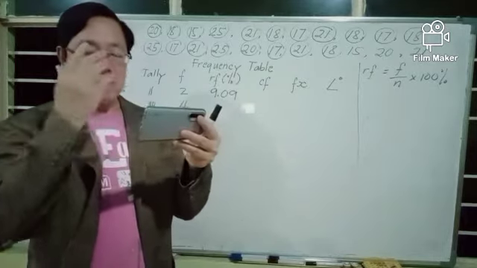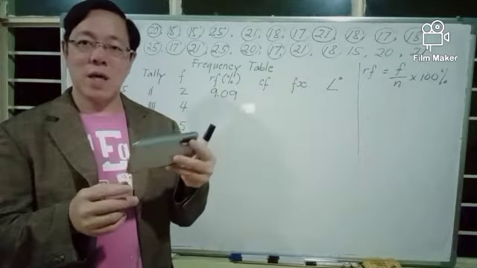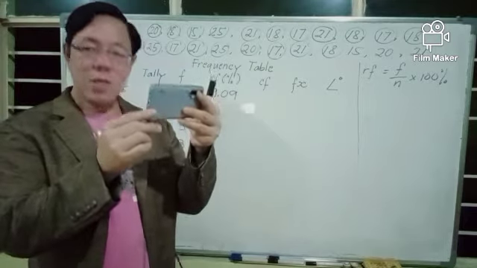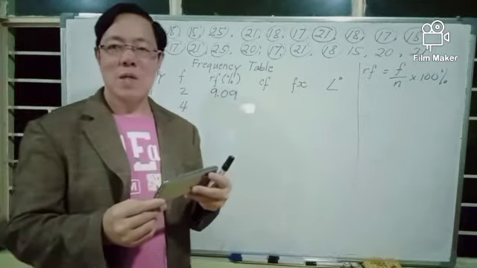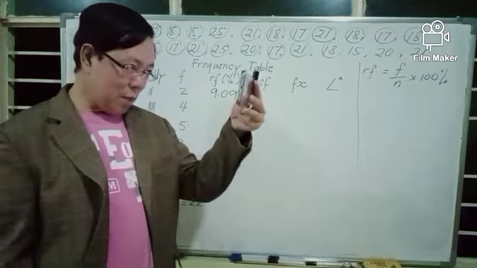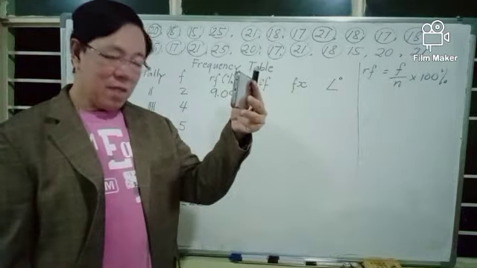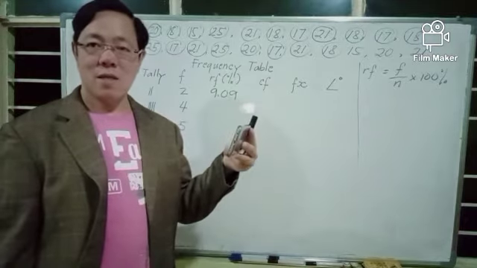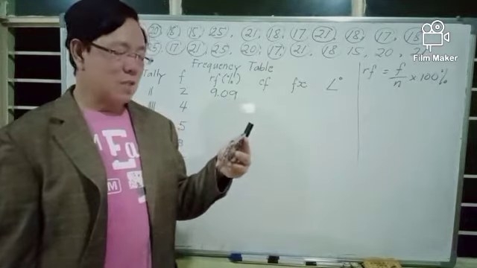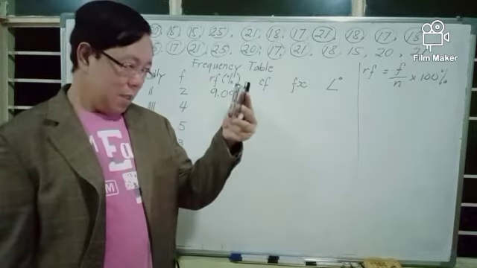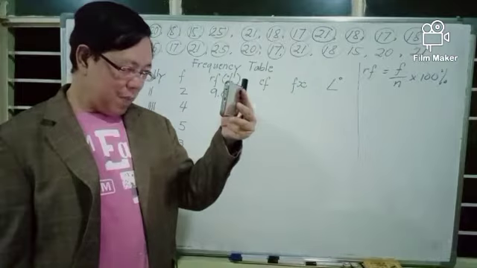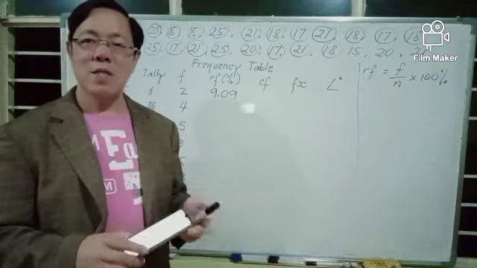The digits 18 are repeated without end. Again, we round off the third digit from the decimal point. The third digit is 1. And since it is less than 5, we drop 1 and all the digits to the right of 1. Hence, the answer to two decimal places is 18.18.